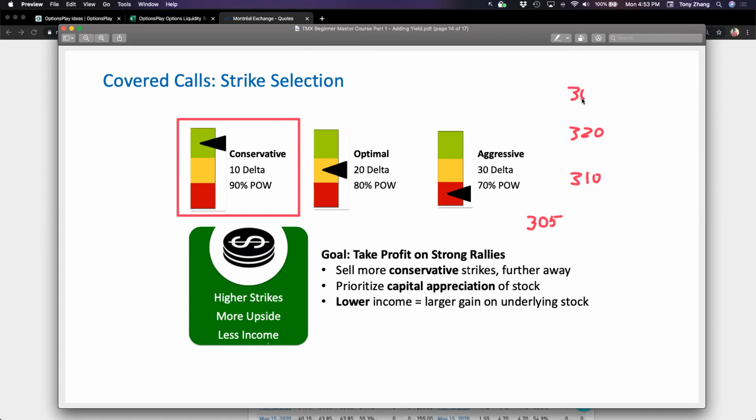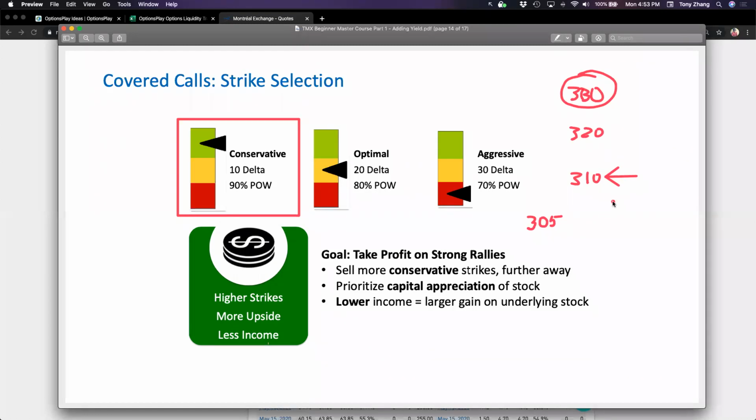Our backtesting shows that you want to focus more on the 330s, the conservative strike price. The reason is that many times investors tend to go for the more aggressive strikes, because the more aggressive strikes give you higher amounts of income.